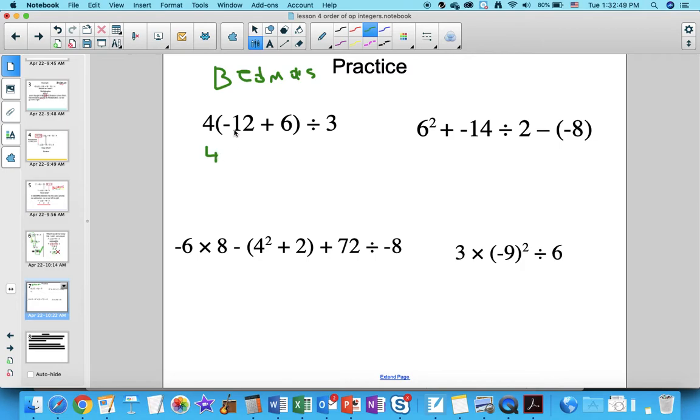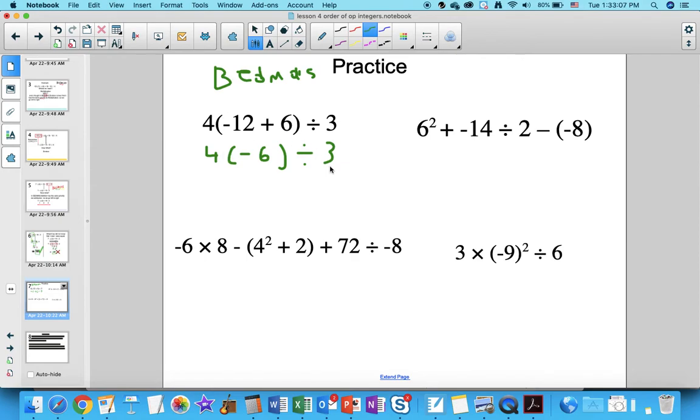So I have 4 times negative 12 plus 6, well, that's negative 6, because I have a large negative and I'm adding positives, divided by 3. Now I have multiplying, because next to brackets means multiplying, and divided by 3.